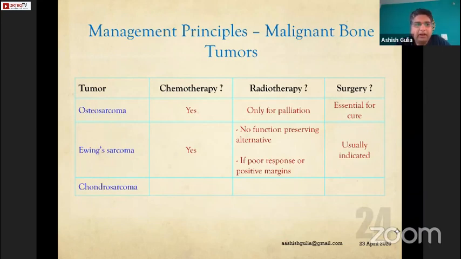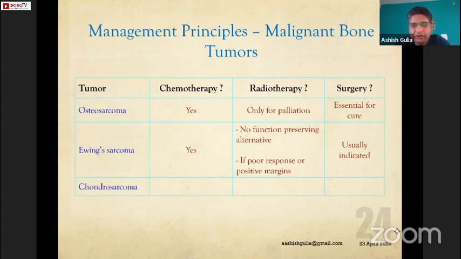There we can use definitive radiotherapy for good local control. Now, the role of radiotherapy in addition to surgery is much more than in osteosarcoma, and we will discuss the main indications here.